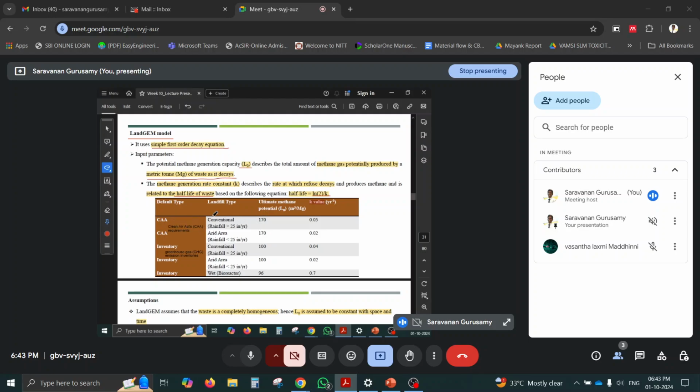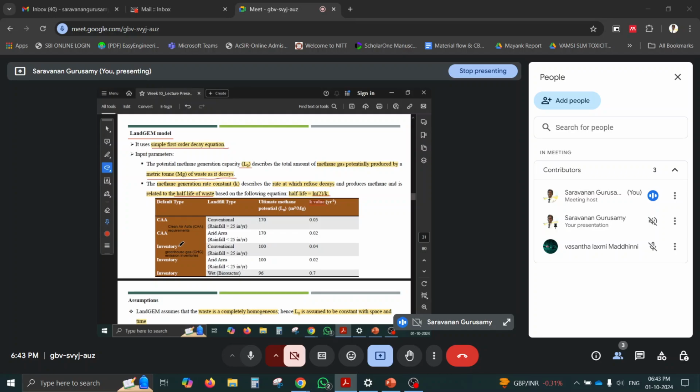Okay. So we have a default parameter table for finding the k value, which has considered 5 different categories. One is based on the Clean Air Act (CAA). Another one is based on inventory type, which is based on greenhouse gas emission inventories. Again, it takes the climatic condition: conventional, having rainfall greater than 25 inch per year, and arid regions having rainfall less than 25 inch per year.